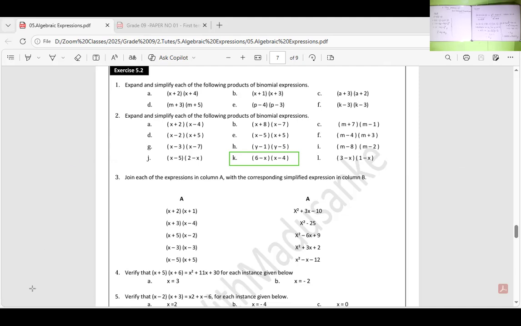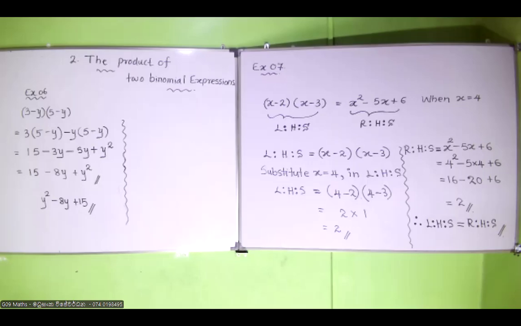Okay, I will discuss. Don't confuse with the things. The other side of this should be positive 10x, I think. Others are correct, but 10x should be positive, right?